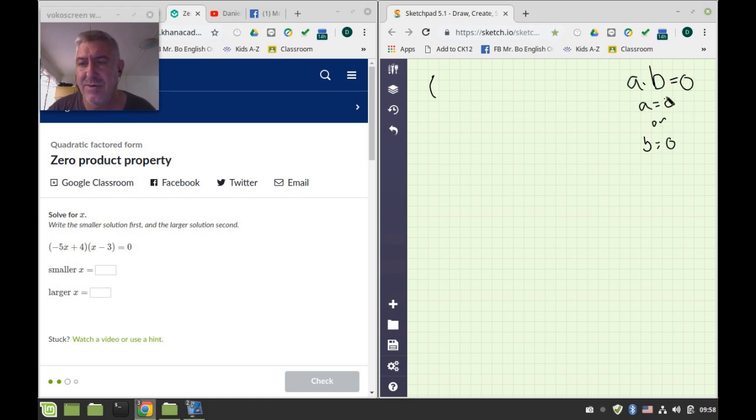If b is 0, then a can be negative 5 or square root of 7 or e to the 5th power, it doesn't matter, and this is all 0. So when we have an equation like this, negative 5x plus 4 times x minus 3 is equal to 0, then we know this part is 0 or this part is 0.